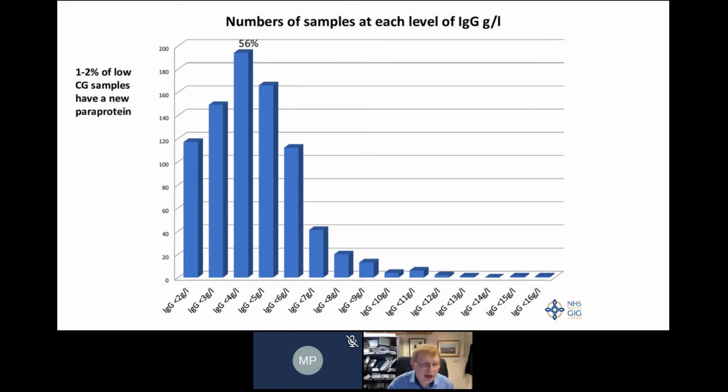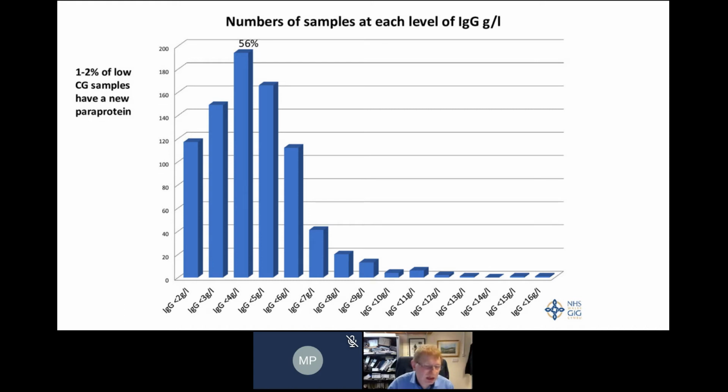And so this is what happened when we used the cutoff value of 18. We did, I think, about 600 to 800 samples. And you can see that if you look on the bottom axis at less than 6 grams per litre and take all of those samples to the left of that, the vast majority of samples, so in the high 80s percent, were below 6 grams per litre using that cutoff.